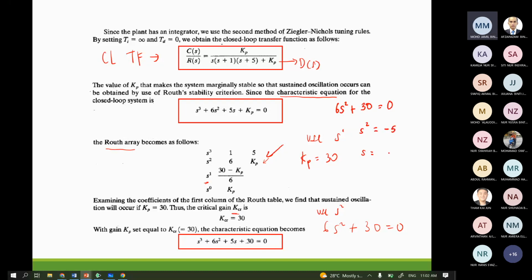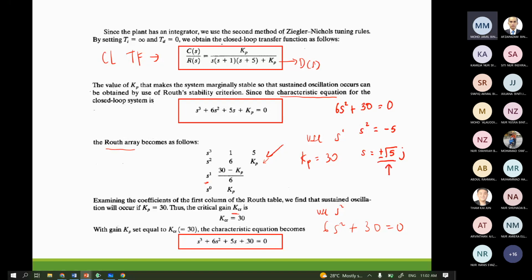So S equals plus or minus square root 5 j. So this is the j omega crossing, or the value of S at the marginally stable system.